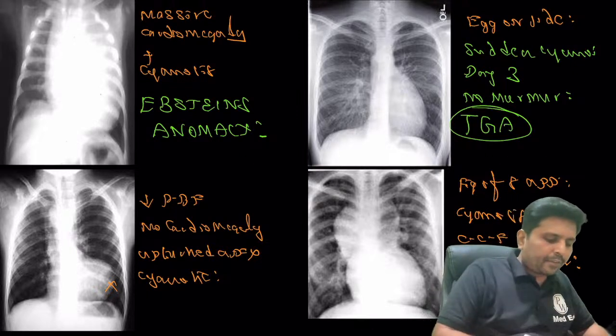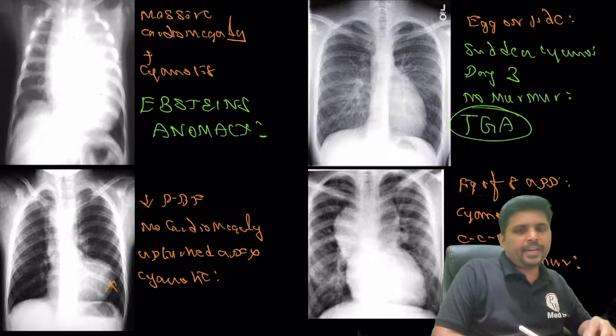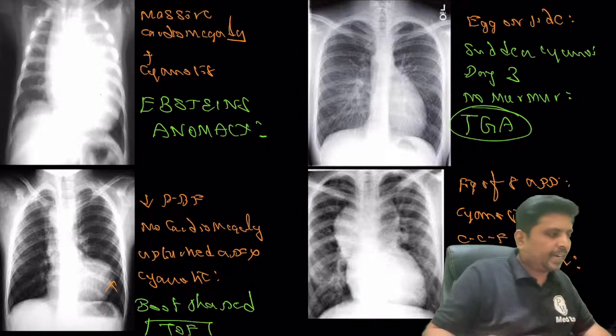Finally, when you have no cardiomegaly, pulmonary oligemia, cyanosis, and an upturned apex, this is called boot-shaped heart, suggestive of tetralogy of Fallot.